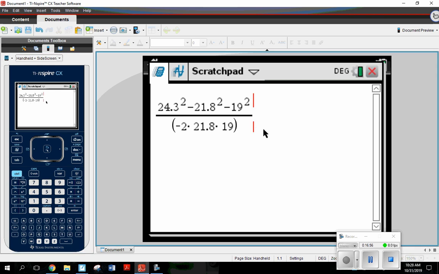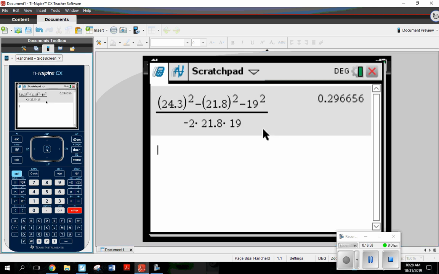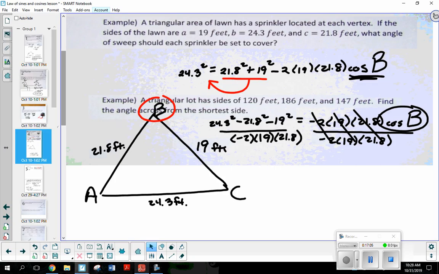Okay. Now this is what cosine of B should equal, right? So let's go ahead and say 0.2967. Okay. So cosine of B equals 0.2967. Now, I'm not going to use that rounded version. I just went ahead and rounded it so I could show work on my paper.